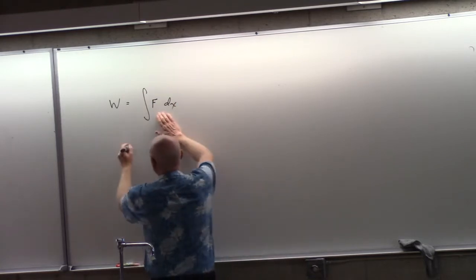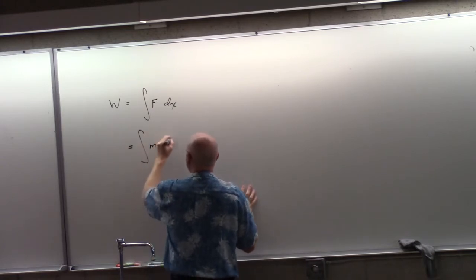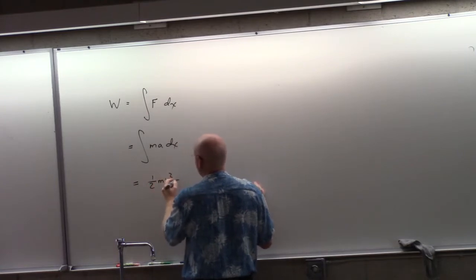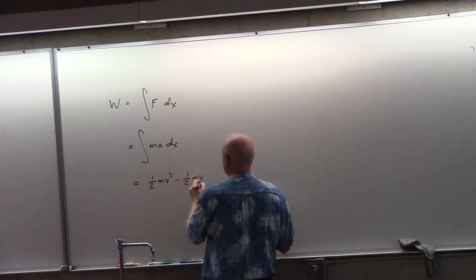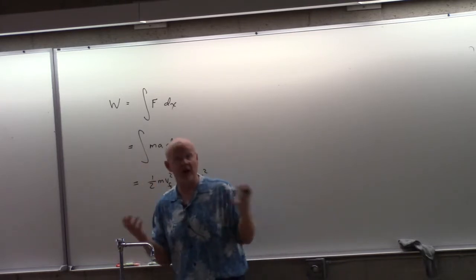And then, of course, we substituted in this ma, and then we got 1/2 mv squared minus 1/2 mv squared, where we would integrate from some initial speed to some final speed.